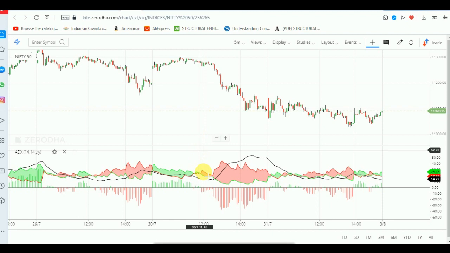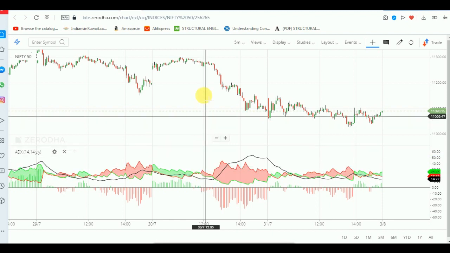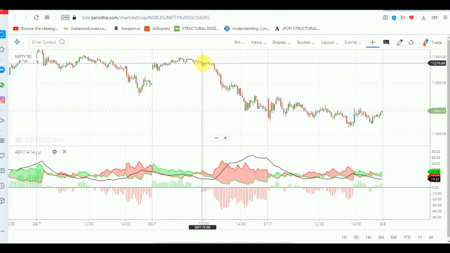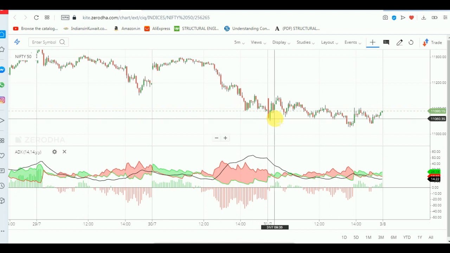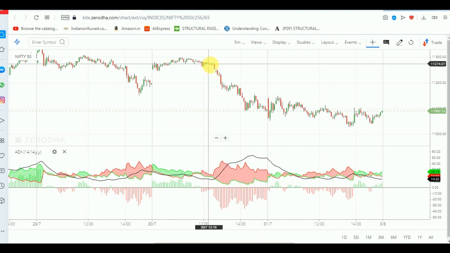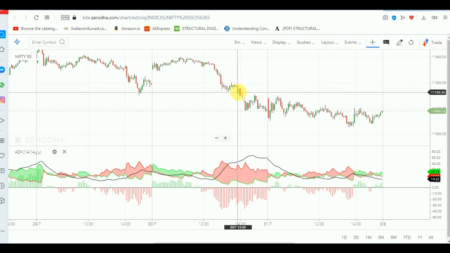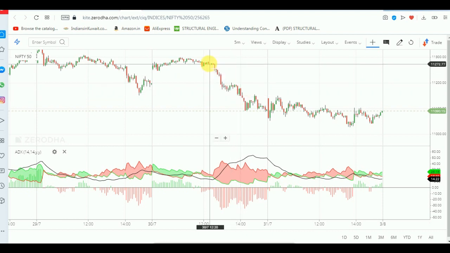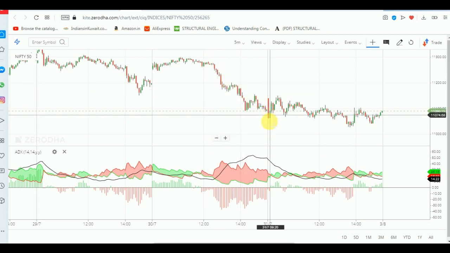This red filling starts from here, right? Basically this lies in this particular candlestick. From here till here we can see the red filling only, which means that in this part the market started falling from here to here.